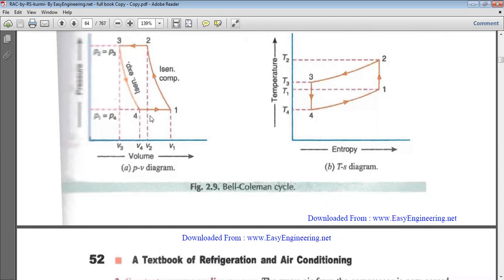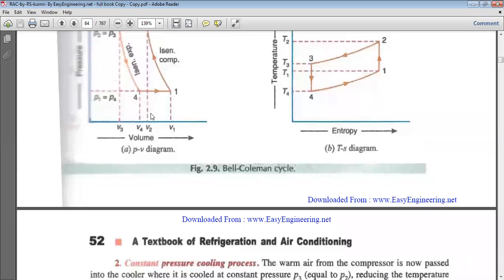Therefore, we can write Q41 minus Q23. But we are not getting work output, we are supplying work. Whenever we supply work, our notation is minus W. Therefore, minus W is equal to Q41 minus Q23, or taking the minus to the right hand side, W is Q23 minus Q41, that is heat rejected minus heat absorbed. Work supplied is equal to Q23 minus Q41.